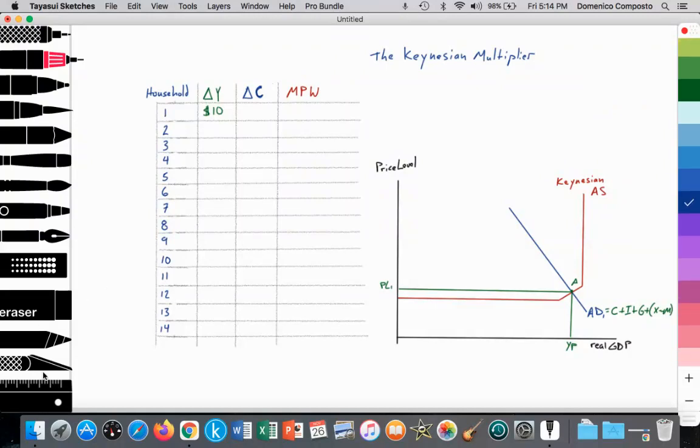Because of the mandated lockdown, consumption spending fell, and likely investment spending fell, and also likely because of the lockdown, exports from the United States also fell. So that would cause the aggregate demand curve to shift in, let's say from AD1 to AD2.